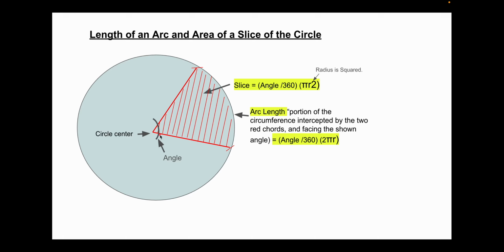Let's say I have the angle, so the angle divided by 360 would be a complete circular angle.